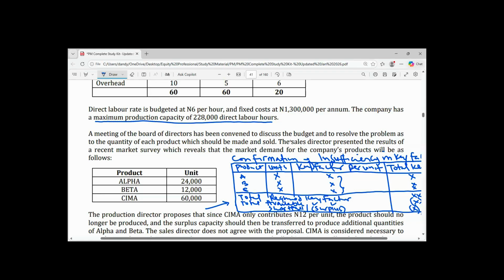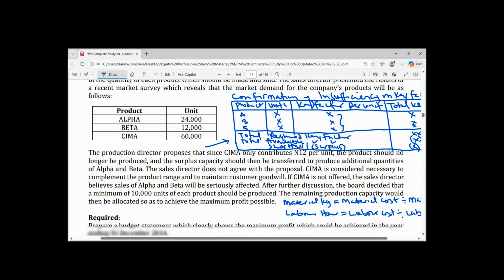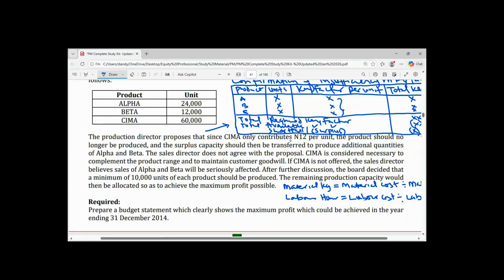The sales director presented the results of a recent market survey, which revealed that the market demand for the company's product will be as follows in the schedule. The production director proposes that since SEMA only contributes 12 naira per unit, the product should no longer be produced, and the surplus capacity should then be transferred to produce additional quantity of alpha and beta.